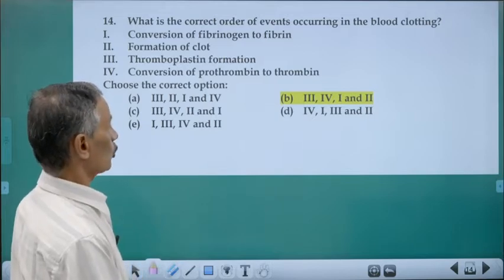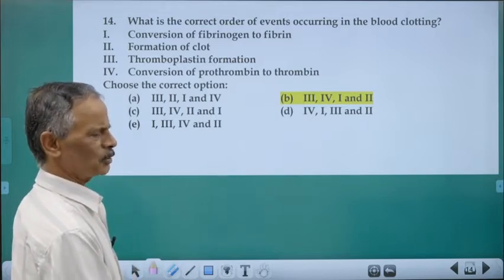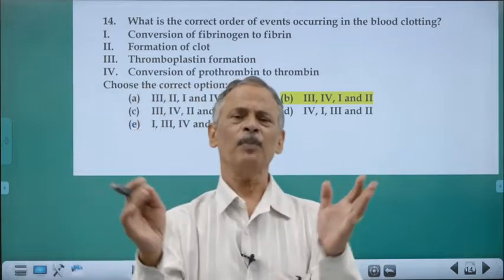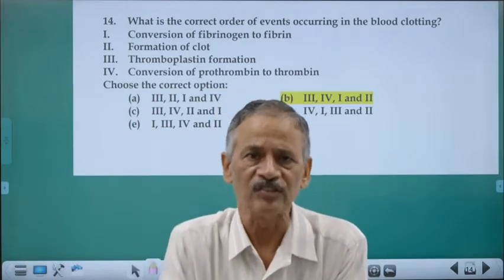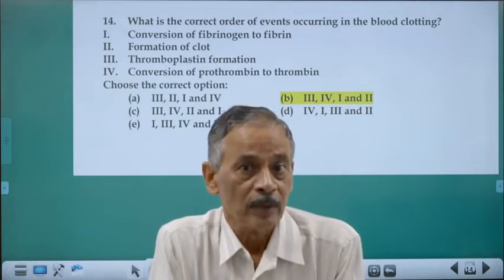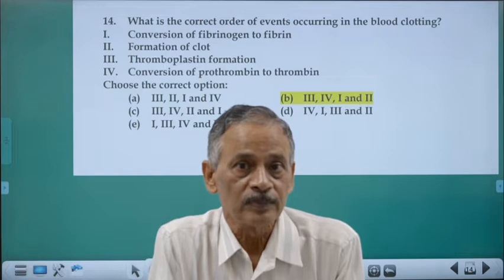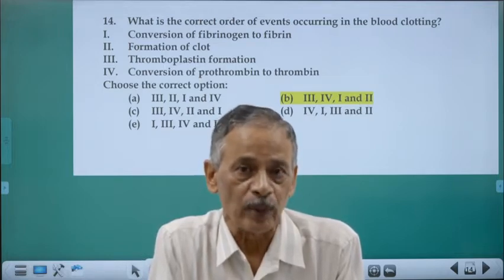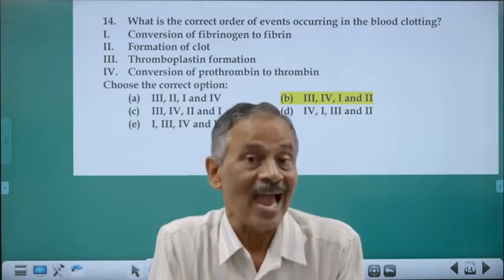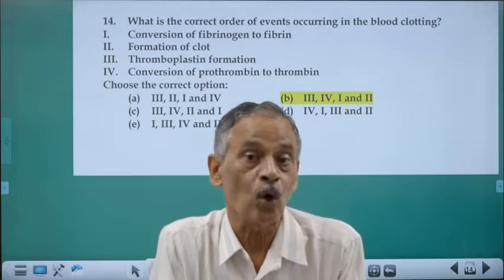Events in blood clotting. Blood clotting is a cascading event. A number of events are occurring simultaneously. When a wound occurs, the damaged tissues and the broken platelets produce thromboplastinogenase that acts on thromboplastinogen.